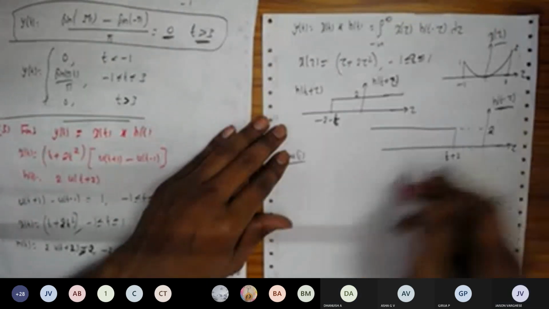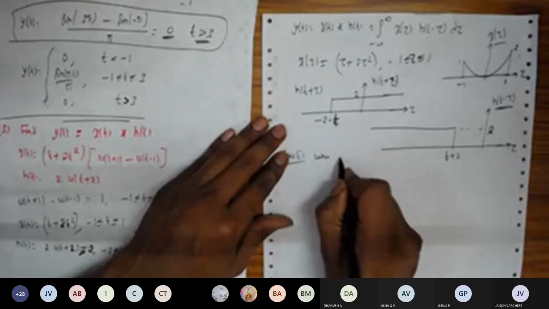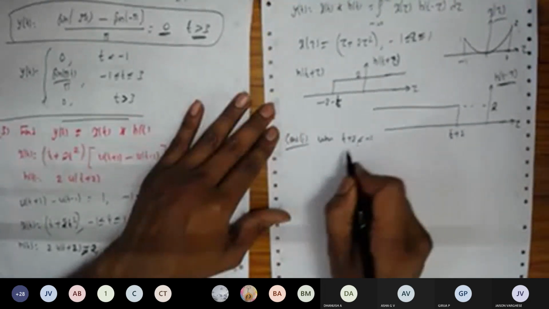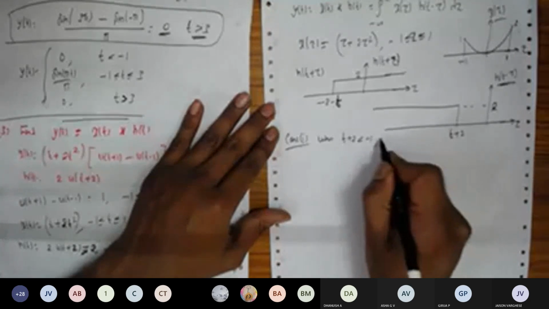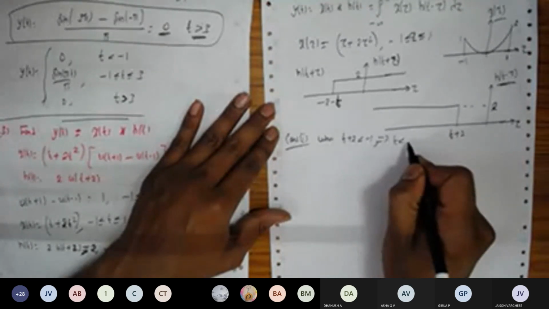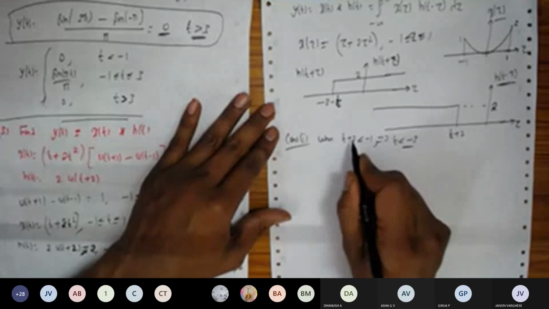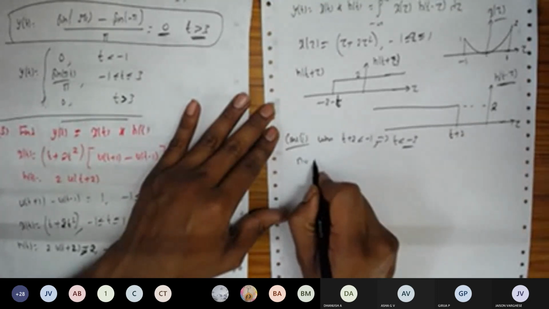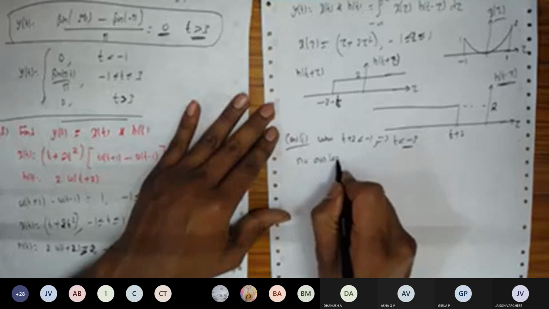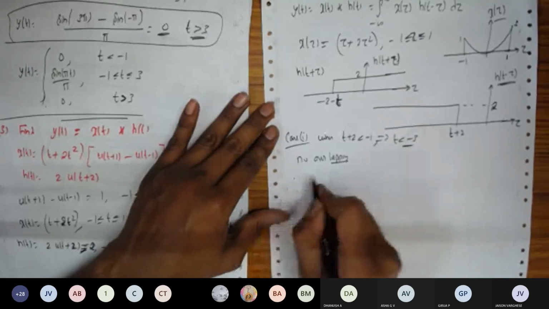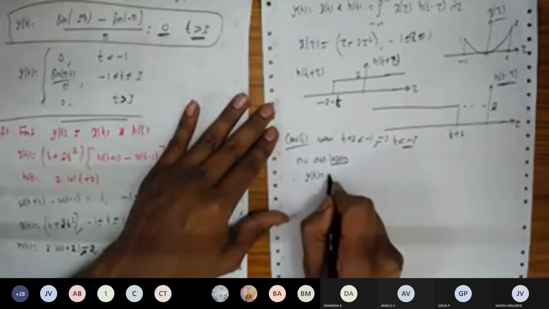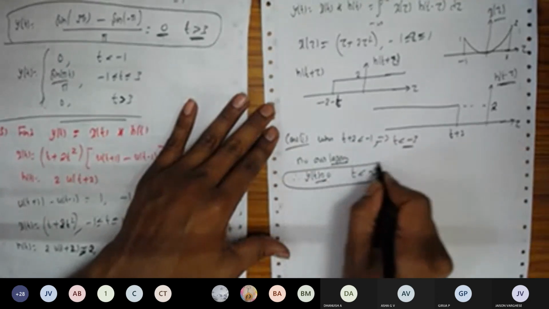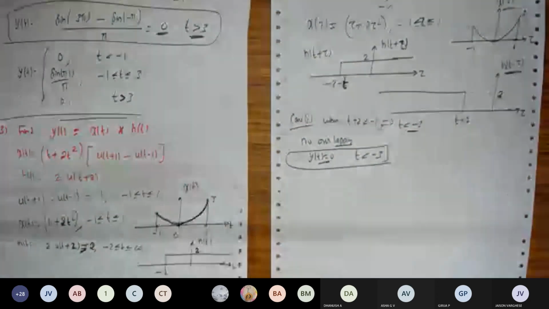So this is a non-overlapping condition: t plus 2 is less than -1. Sending 2 to the other side, t is less than -3. So there is no overlapping, and therefore y of t is equal to 0 for t less than -3.